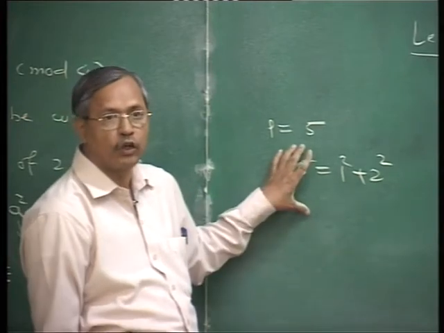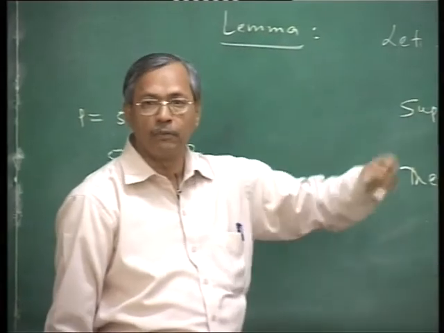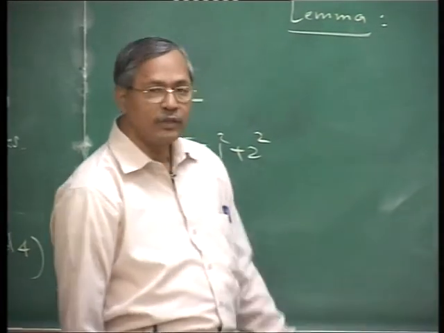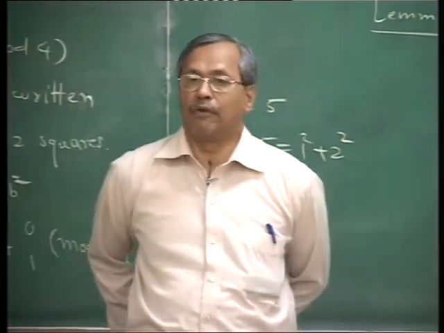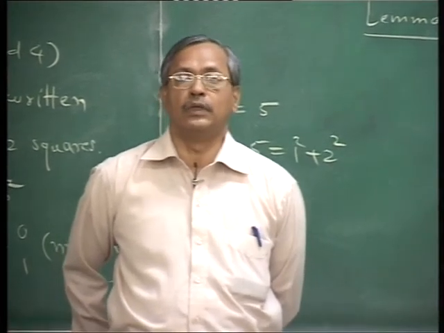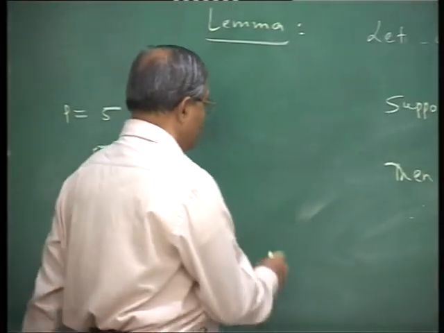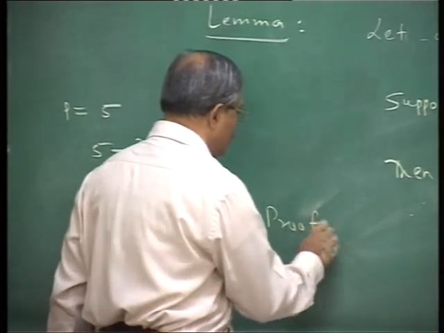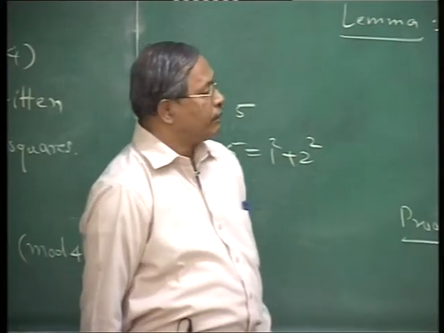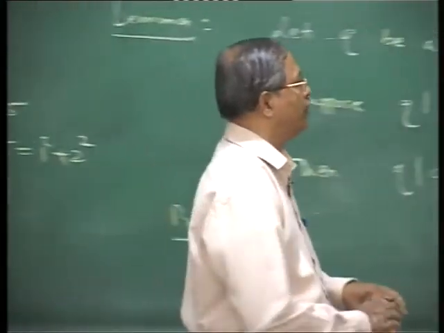So this thing is not true for 1 mod 4 primes, but primes of the form 3 mod 4 have this property. And this property we shall use in the theorem of Fermat. Fermat classified all integers which can be written as sums of 2 squares, and he used this lemma in that. So proof of this: suppose q does not divide a, then what happens?